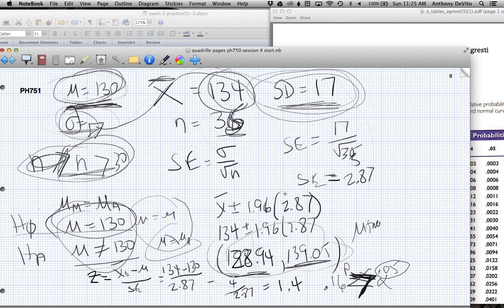Now, what happens if you don't have a sample size of 35? We're getting into an area here where, if we're dealing with a sample size that's less than 30, and we don't know the population standard deviation, that sample is so small.